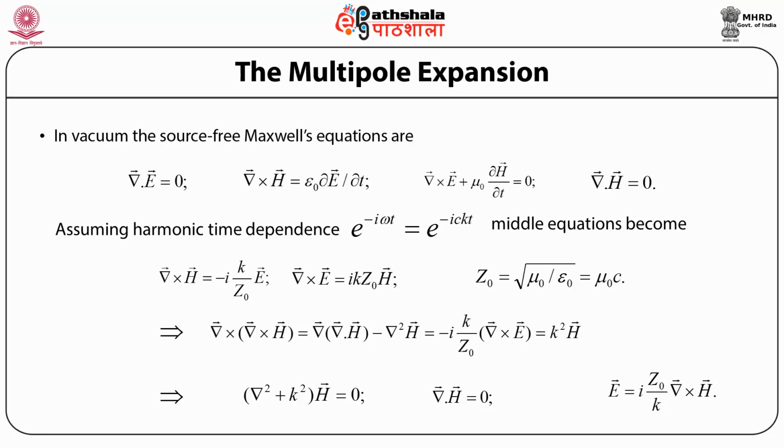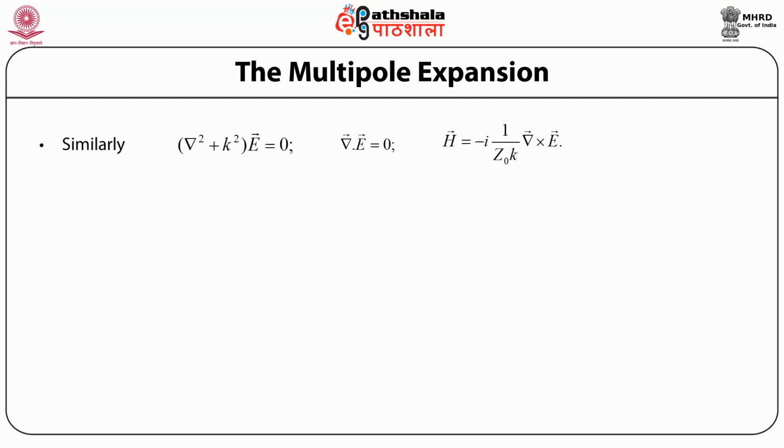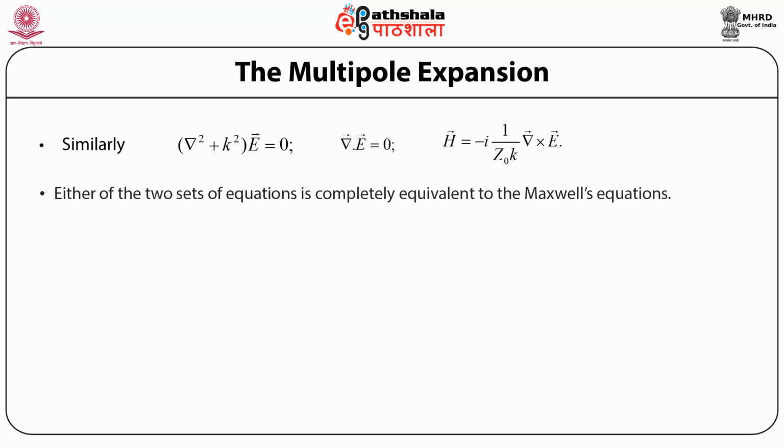E vector is equal to i Z naught by k into del cross H vector. Similarly, del square plus k square into E vector equals 0, del dot E vector equals 0, and H vector is equal to minus i 1 divided by Z naught k into del cross E vector. Either of the two sets of equations is completely equivalent to the Maxwell's equations.